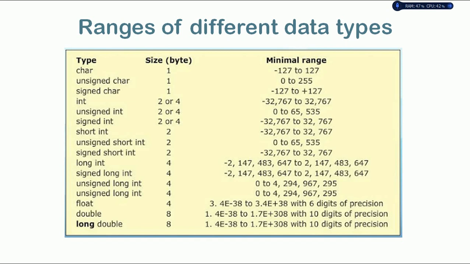And now coming to a double, it is 1.4 e power 38. So that is 2 and 1.7 e power 308. It can hold the values like that. You can give a long double. So when you are trying to keep the largest floating point values, you are going to use double and long double. Otherwise, you can simply use your floating point. That is enough. Okay.